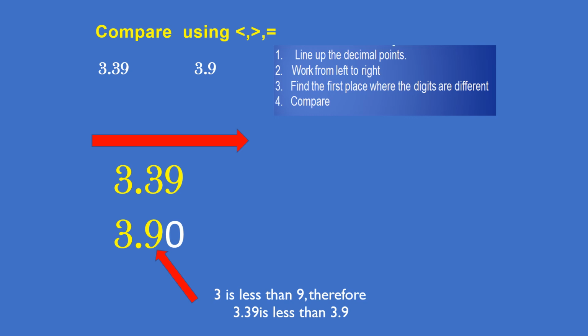Of course, it's not like that, guys, because we want to add an extra 0 to 3.9 to be 3.90 here. So please take care with this question. 3.39 is less than 3.9 because 3.9 is 3.90. If we add an extra 0, nothing changes.